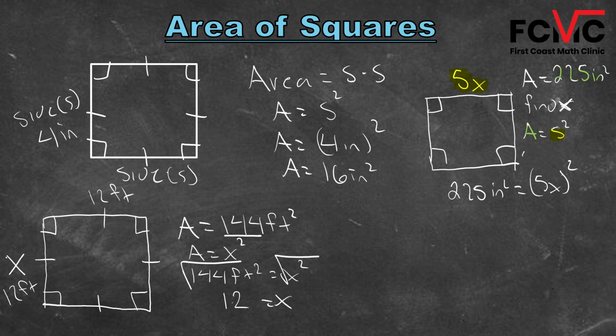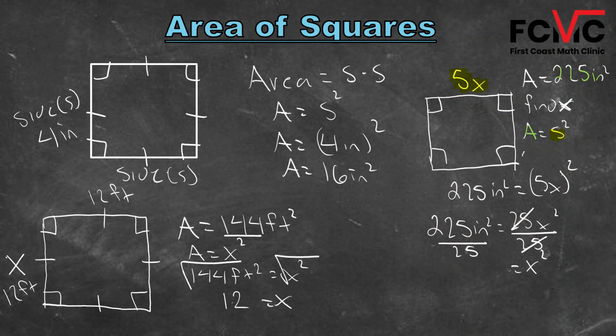So my next step, I'm going to get 225 inches squared equals 25x squared. Square the 5, square the x. Let's divide by 25 and 25. 25 cancels out on the right. I get x squared equals 225 divided by 25, which is going to give us 9 inches squared. I want to take the square root.